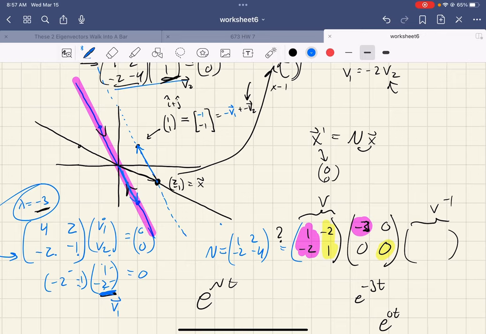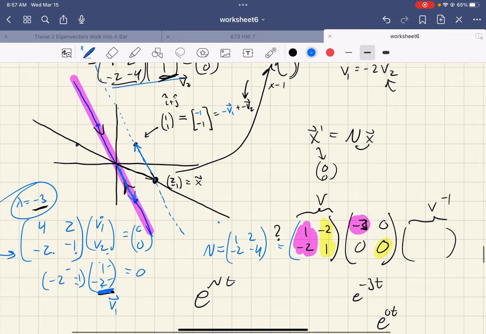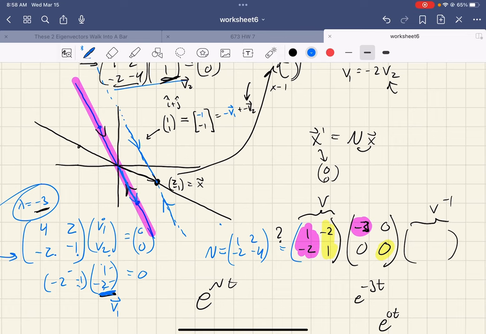Motion on this blue line that I just drew is going to behave like motion on this blue line. So it'll get pulled down to when that coefficient is 0, which means that the flow is pulling us towards the black line.